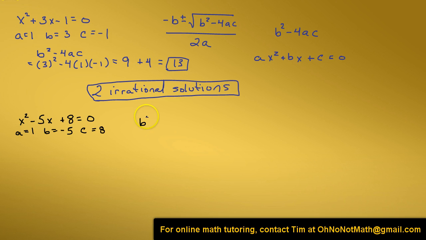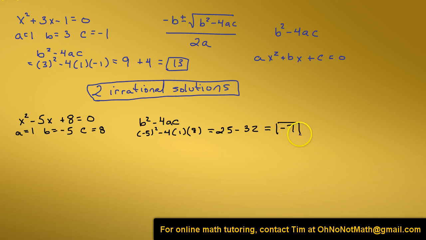Our discriminant is b squared minus 4ac, so let's plug these numbers in. b is negative 5, so we have negative 5 squared minus 4 times 1 times 8. Negative 5 squared is 25, negative 4 times 1 times 8 is negative 32, and 25 minus 32 is negative 7.